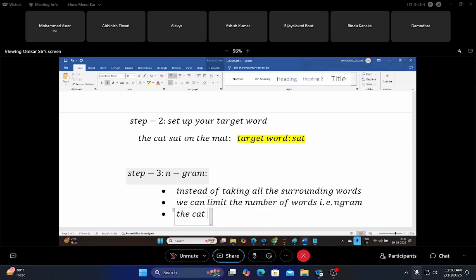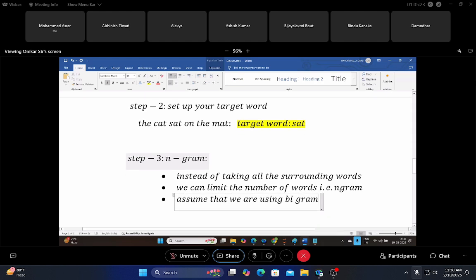Assume that we are using 5-gram. From the sat word, on the left side we have two words. What are those two words? The, cat.